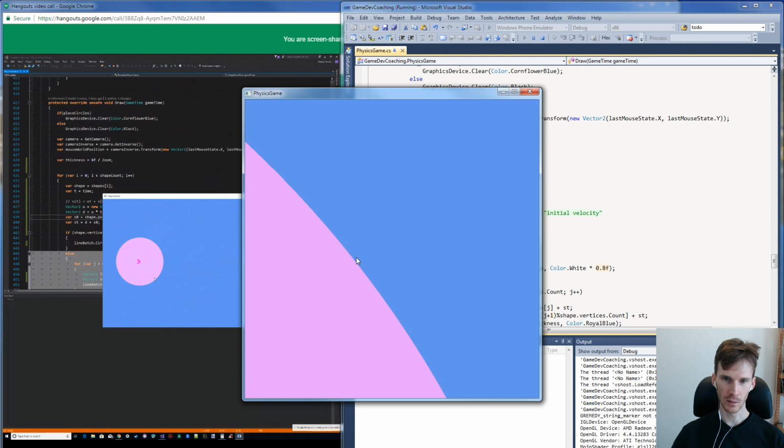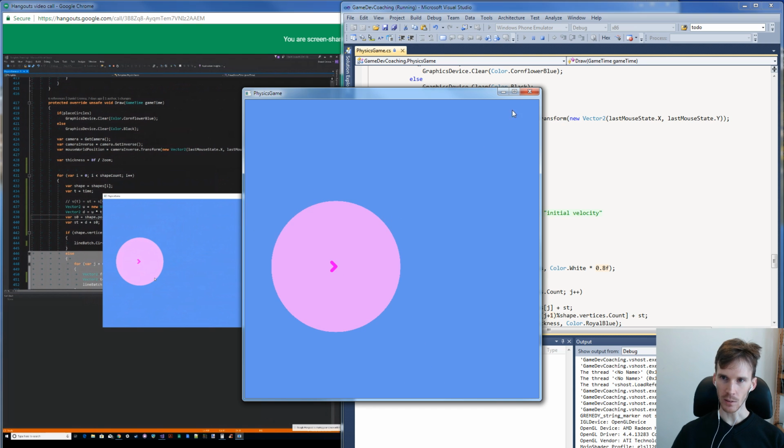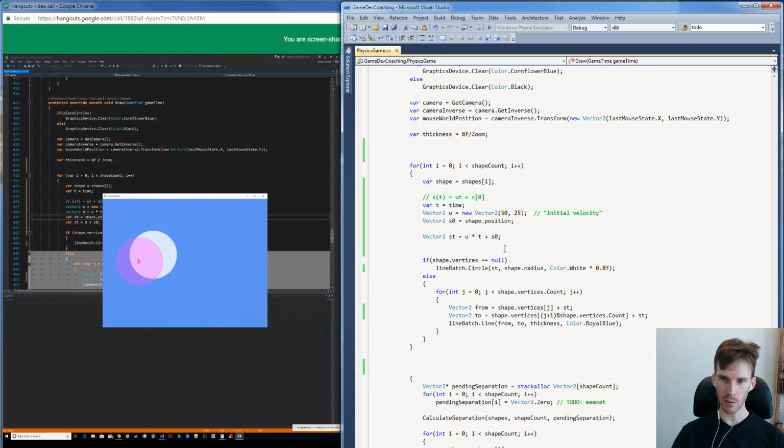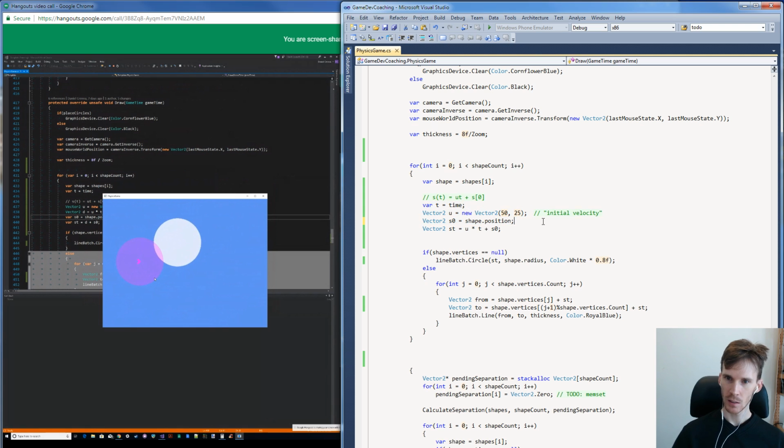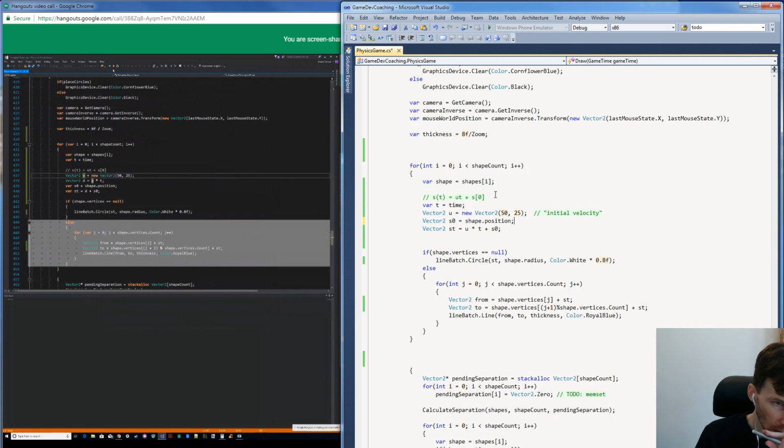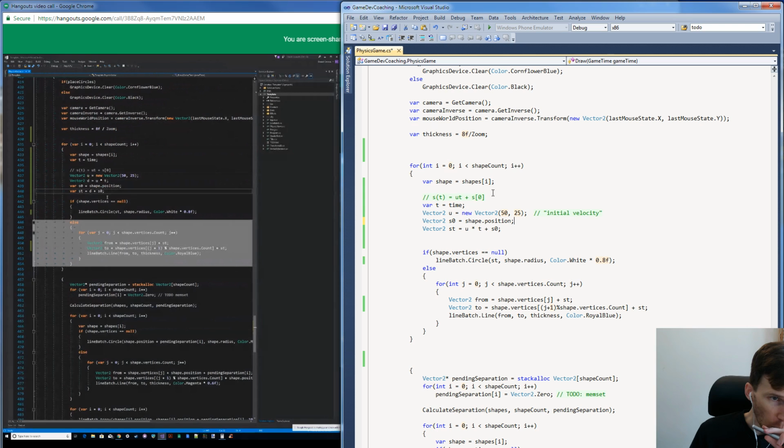Right. Okay. So now we have this here. If we go back to the code for a sec, what we might do is get rid of this d, because that's not part of this formula. I think it's worthwhile to clean that up just a smidgen.